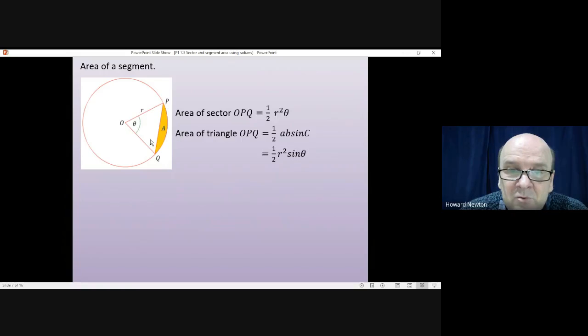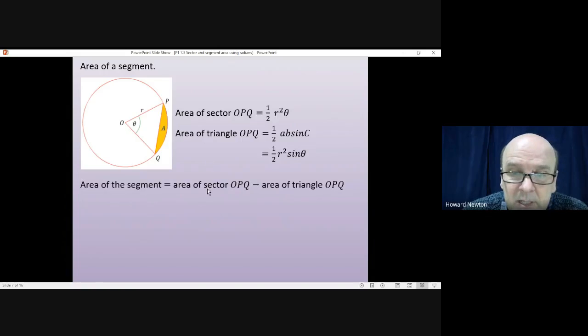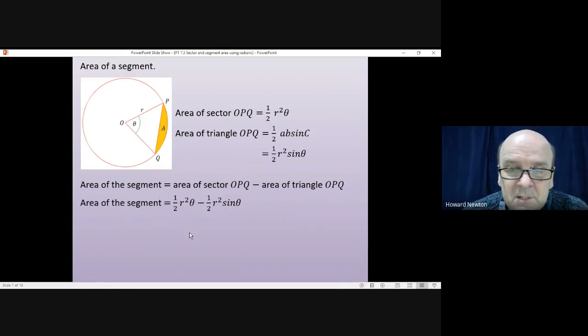So the area of that triangle will be a half r squared sine theta. And then the area of the segment is one thing take away the other. So the sector take away the triangle. That'll give us a half r squared theta minus a half r squared sine theta.